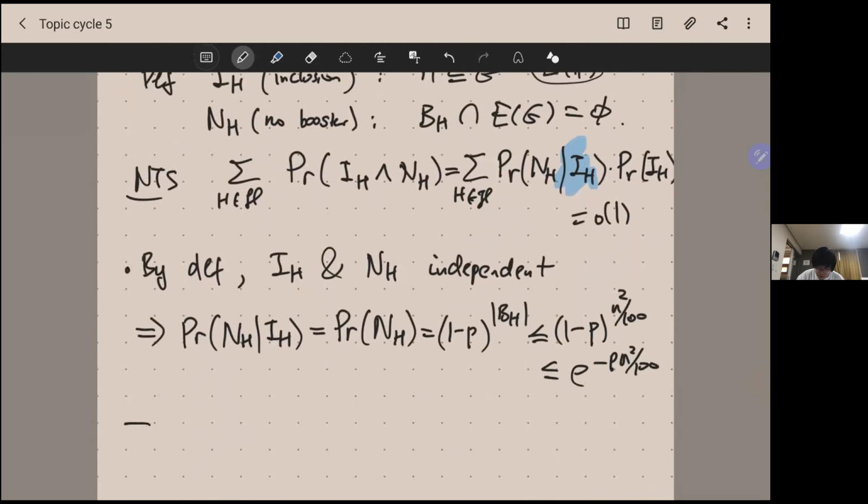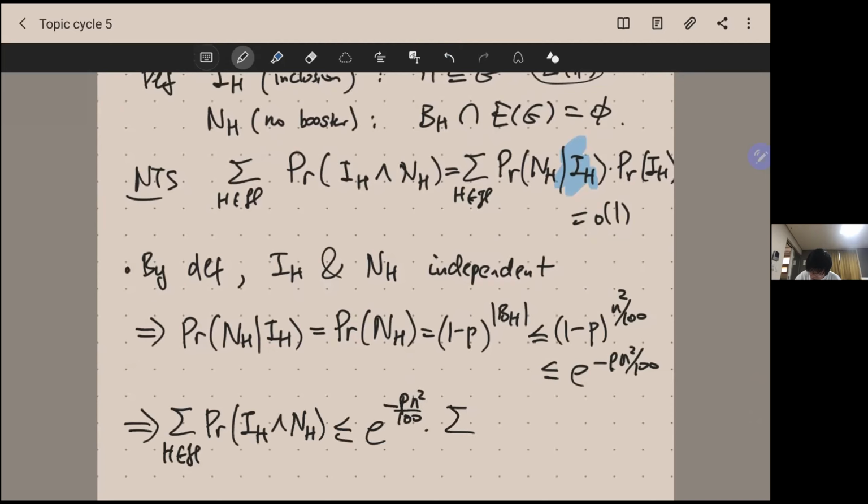So this implies that the sum that we need, the sum over h in script H, is at most, we can extract this part first. We bound this uniformly by e to the negative p n squared over 100, times the sum over h in script H of the probability of I sub h.